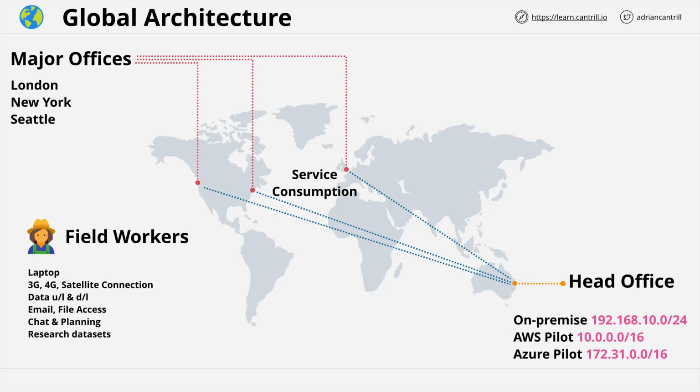What we do know is that the business has three networks which already exist. 192.168.10.0/24, which is the business's on-premises network in Brisbane, 10.0.0.0/16, which is a network used by an existing AWS pilot, and finally 172.31.0.0/16, which is used in an existing Azure pilot.